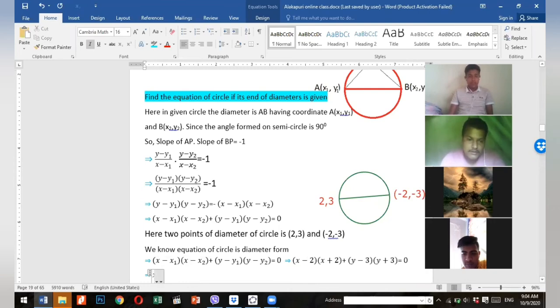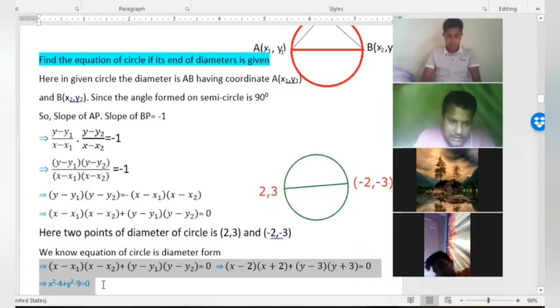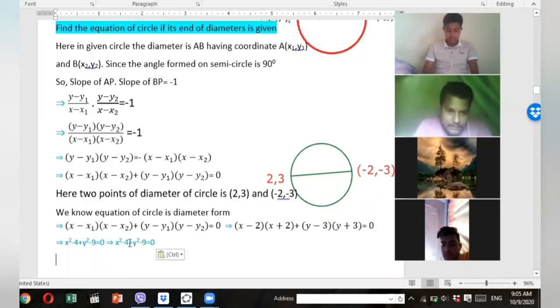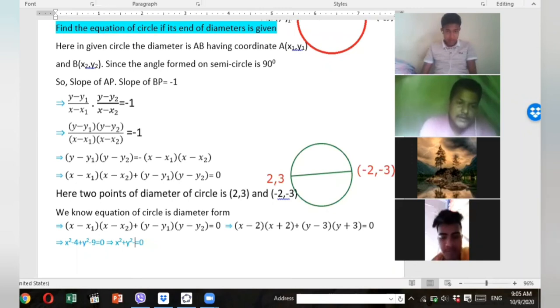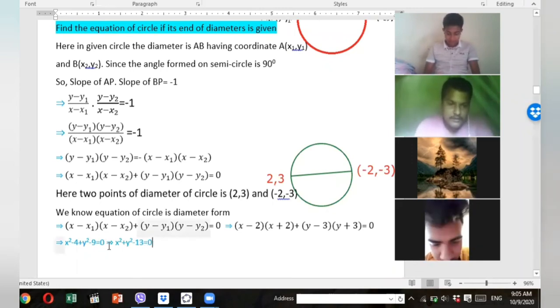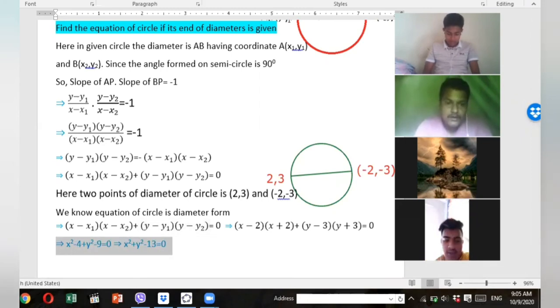Now arrange the terms. First write x square, then y square. Is there any x? No x. Is there any y? No y. So minus 9 minus 4 means minus 13. That's your answer, the required equation. It's a much easier answer.